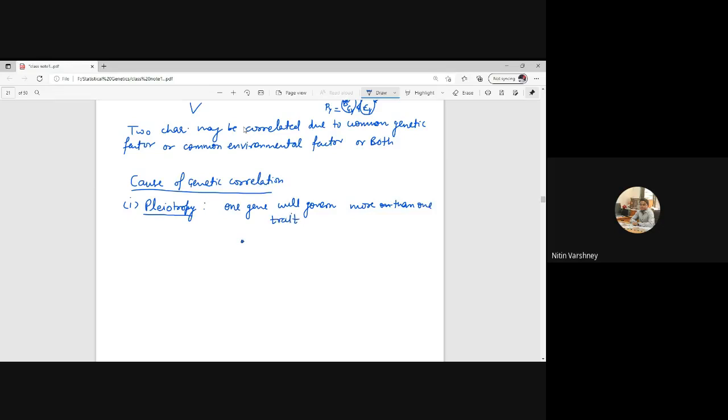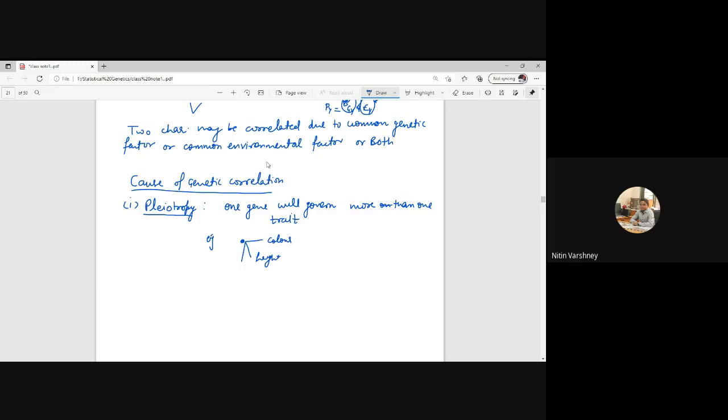Okay, so suppose this is a particular gene which is governing color, for example. This one single gene is governing color also, and this is governing height also. This single gene is governing too many traits.